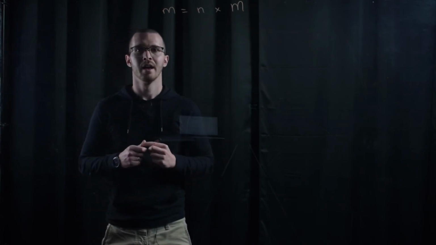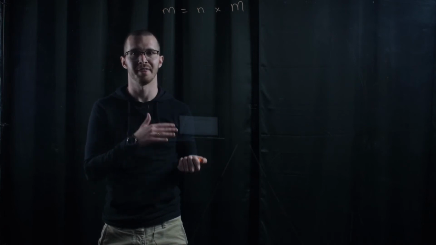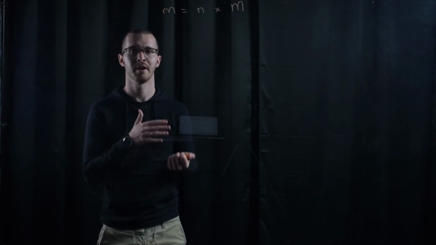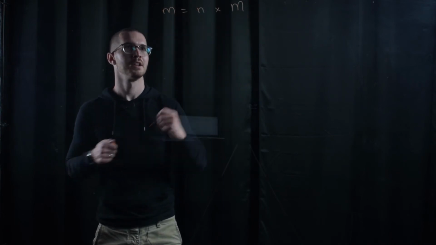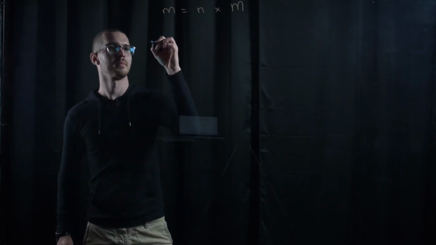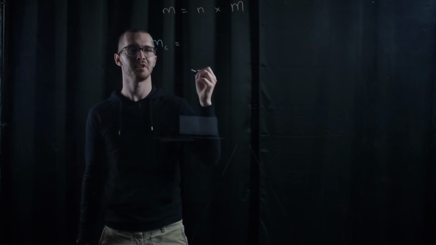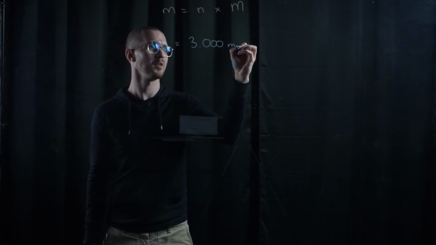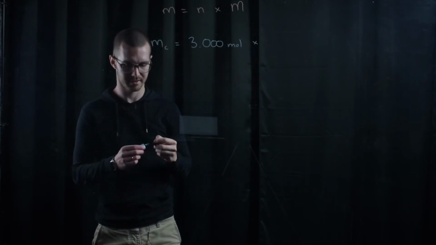So we're going to choose a ratio that has the moles in the denominator in order to find the mass of carbon found in 3 moles. We are solving for mass, so we don't need to rearrange this equation at all. So what we're trying to find is the mass of carbon is equal to the number of moles, which we know is 3 moles, multiplied by the molar mass of carbon.